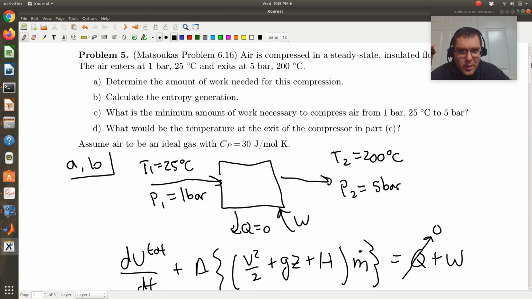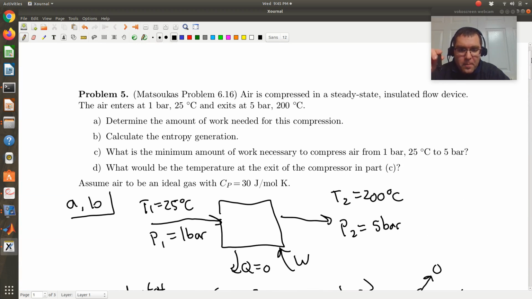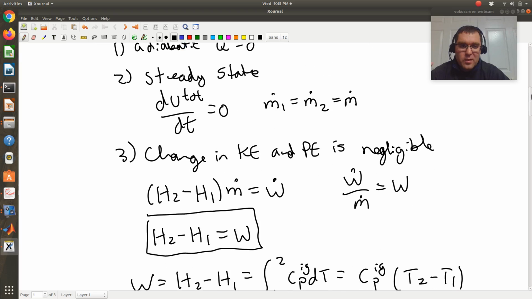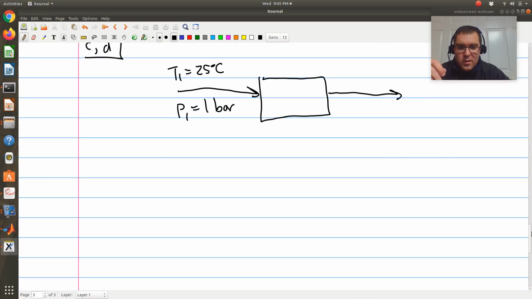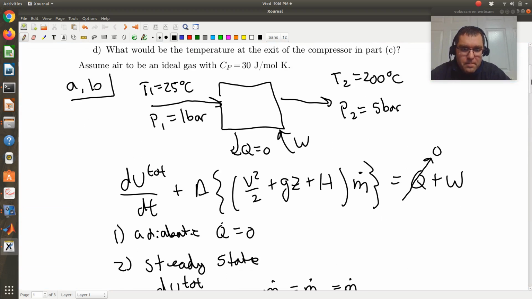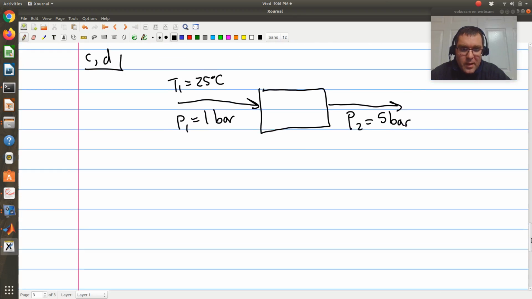is going to correspond to, we're just told it's at 5 bar, and we're told that we want the minimum work. So this is going to correspond to our process where S gen is equal to 0. They want the minimum work to compress our gas to P2 equal to 5 bar, our same pressure as before. But now T2 is not known.